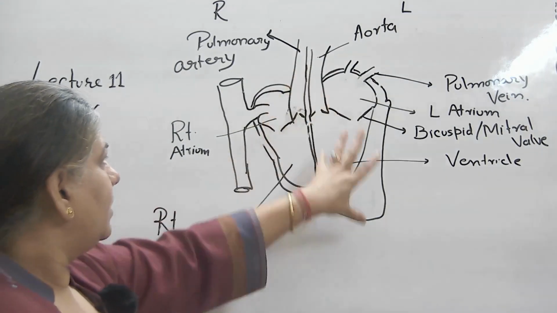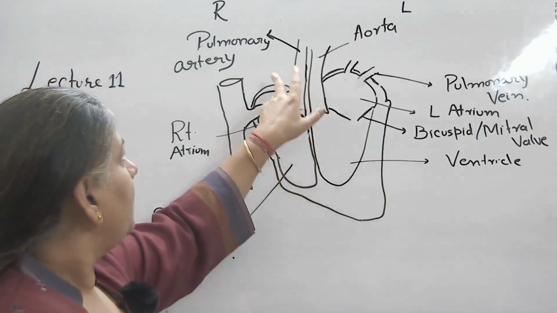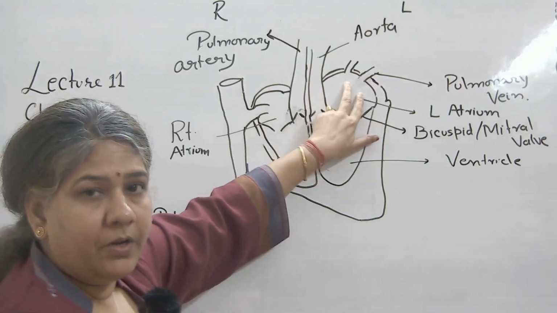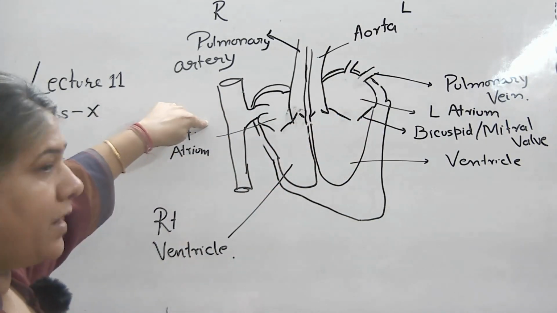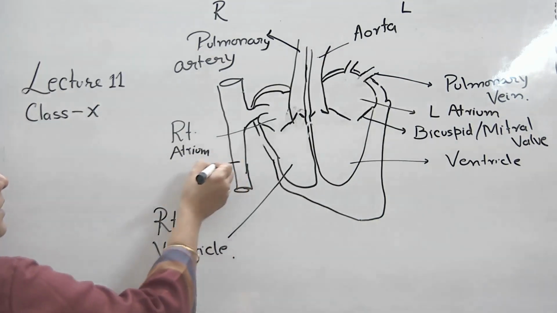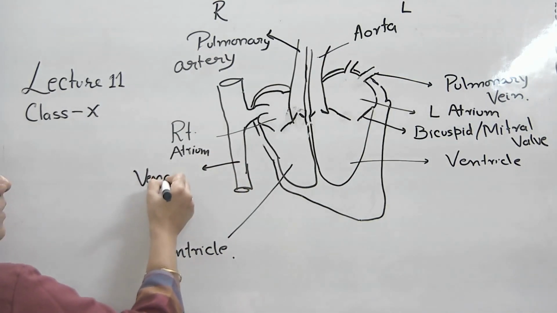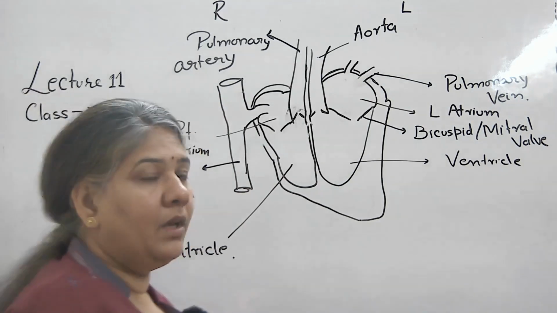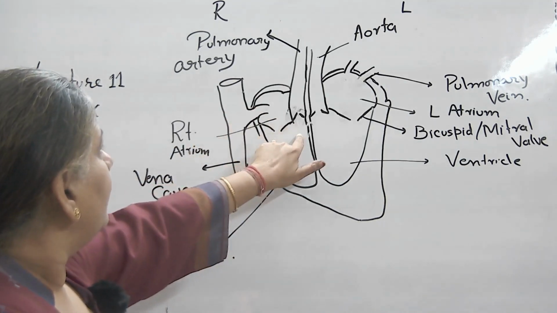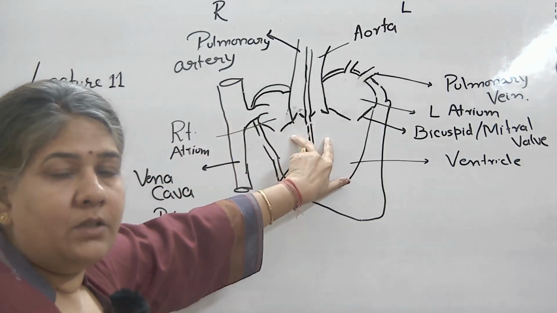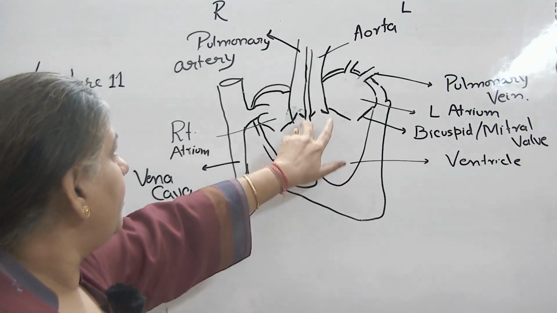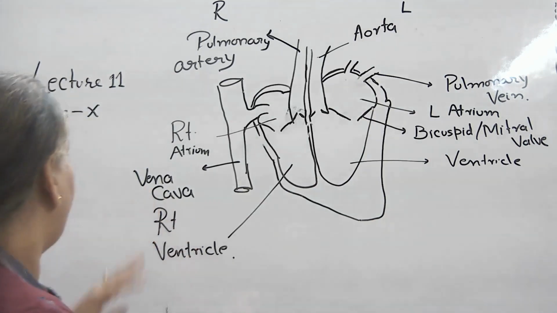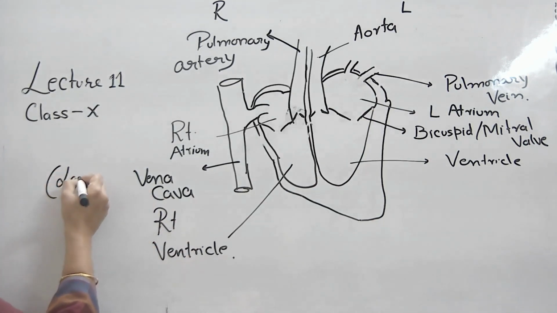So this is the whole structure: the vessels that are bringing blood are four pulmonary veins, then vena cava. Here I'll mention this is vena cava, which is the largest vein of the body. Then the two main big vessels which are taking blood away from the heart are aorta and pulmonary artery. So vena cava is the largest vein.